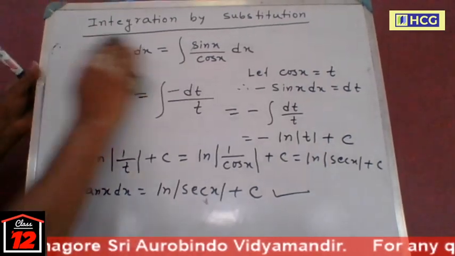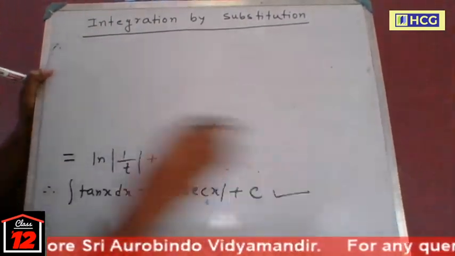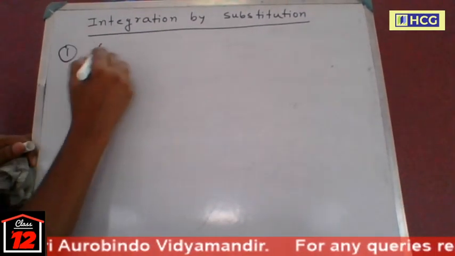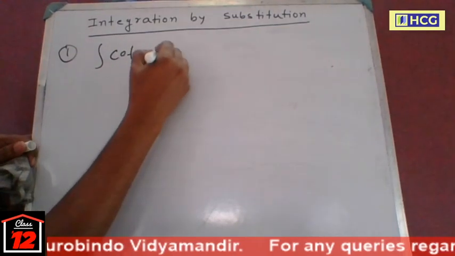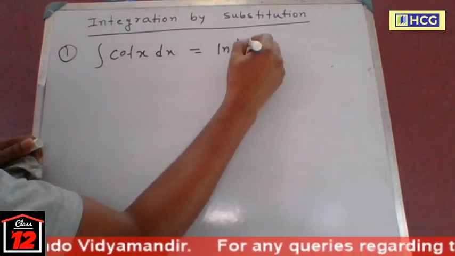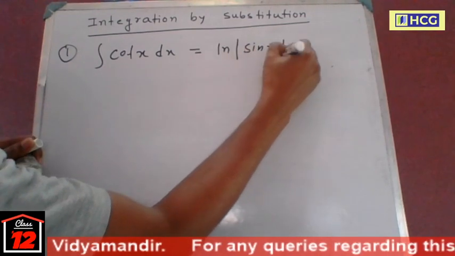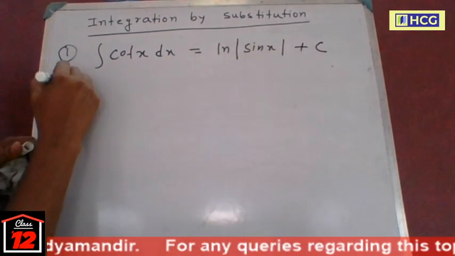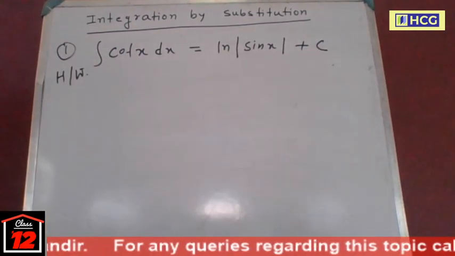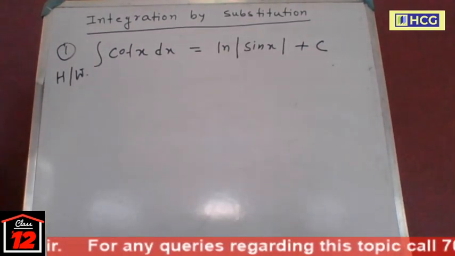Second formula, integration cot x dx equals ln mod sin x plus c. Now this is the homework. Remember it also.